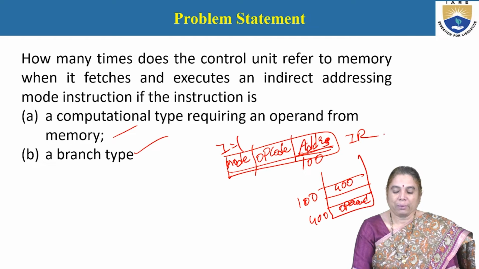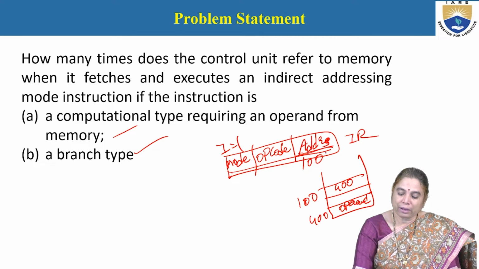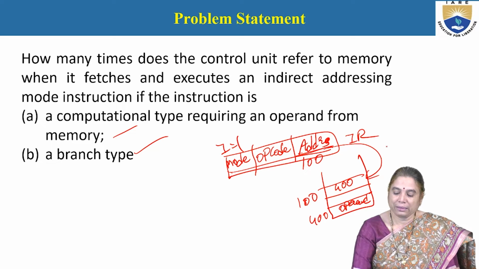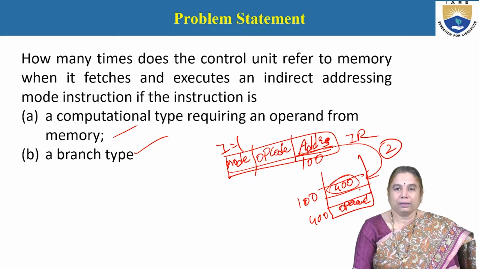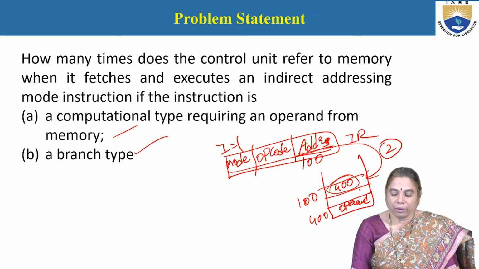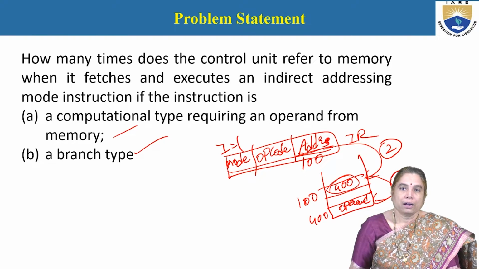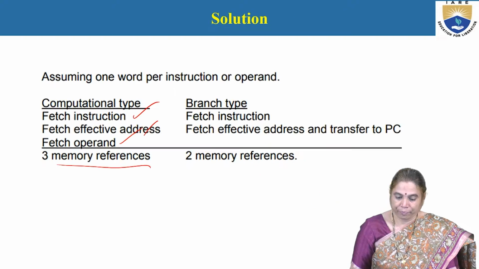For this, 1 memory cycle, and to traverse to the address specified, that is a second memory cycle. And the location that is specified at the address of the instruction register requires the third memory cycle in case of computational instruction.